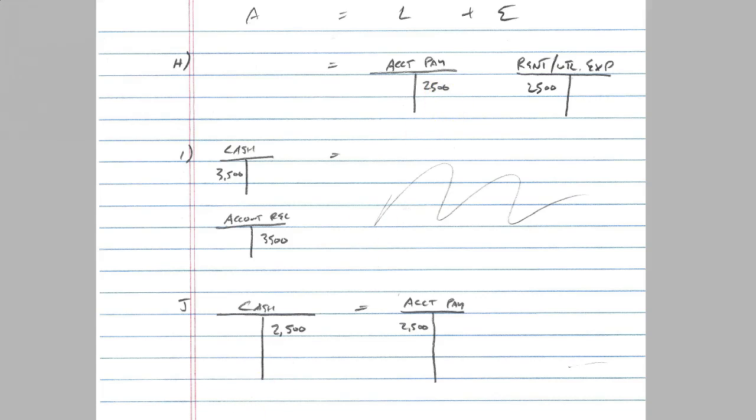It's still on the same page. I didn't plan that. So here was where you owed the money, right? You had the accounts payable back a couple of transactions ago, and here's where you paid it. Now the net effect is I don't have any more accounts payable. I've cleaned that out. I've paid that. So that kind of works there too. So again, almost a double check with that. And now we've got a balancing transaction for J as well.